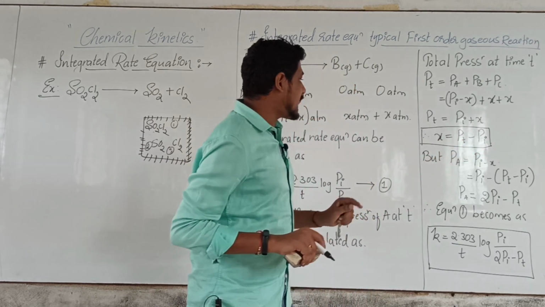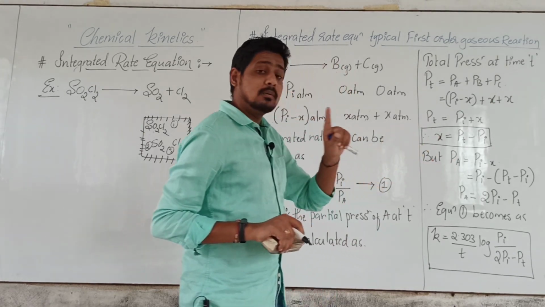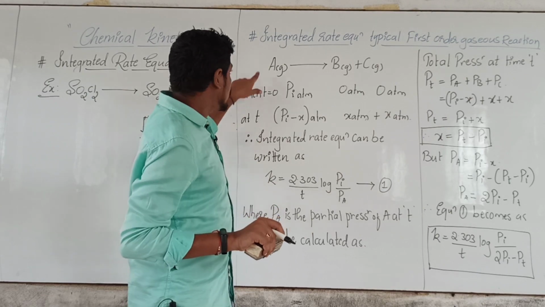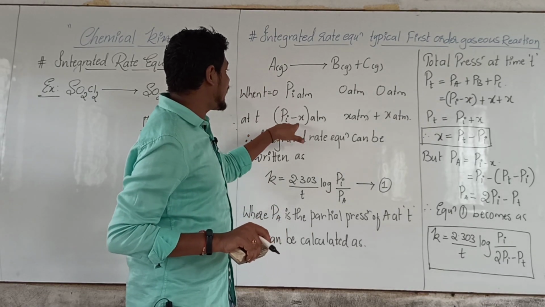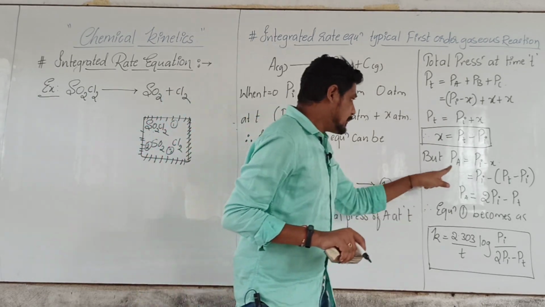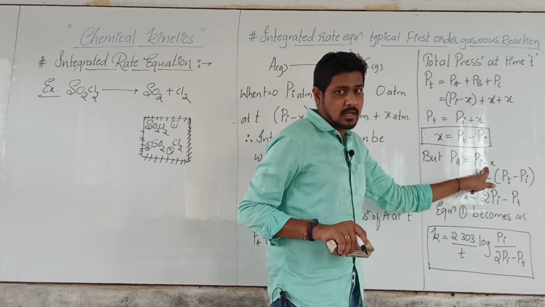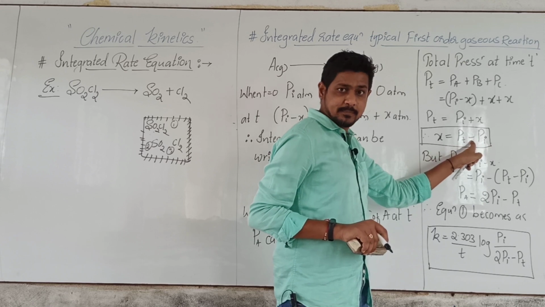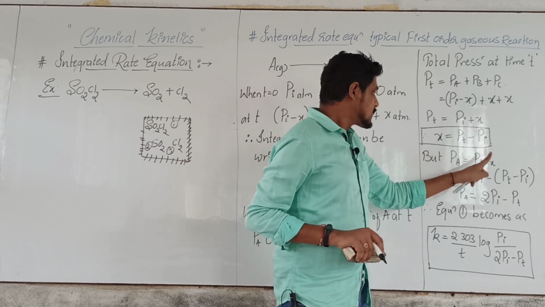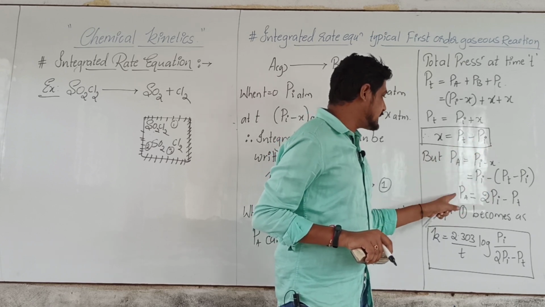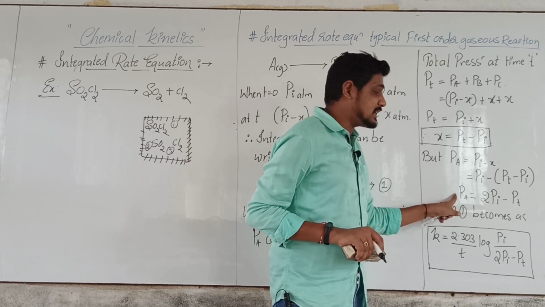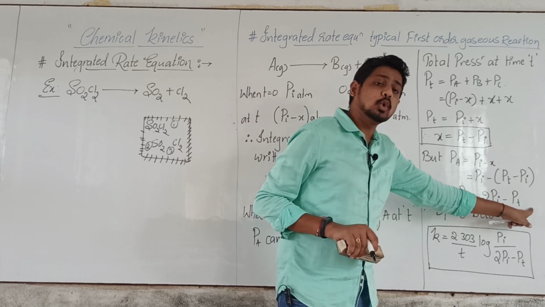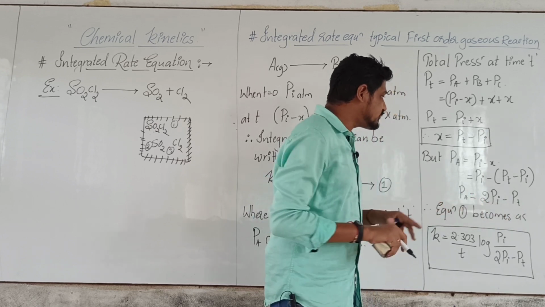Now Pa, the partial pressure at a time T, is Pi minus X. We have calculated the X value, so substitute it. We get the partial pressure of A is equal to 2 times initial pressure minus total pressure. So this is the value of Pa.